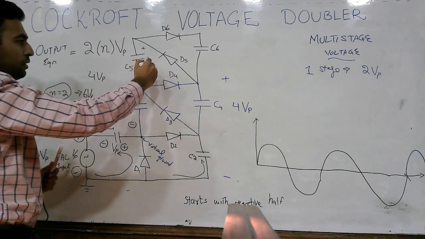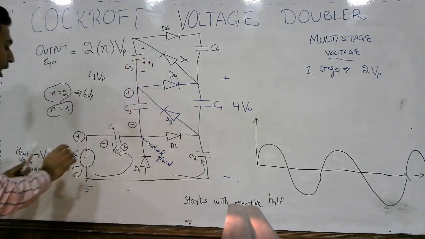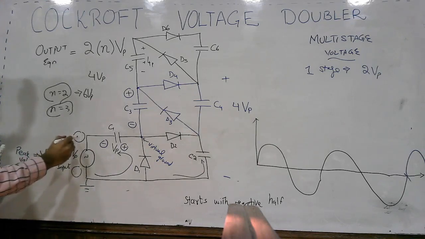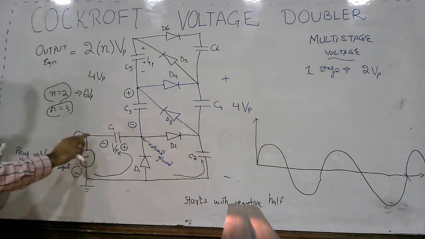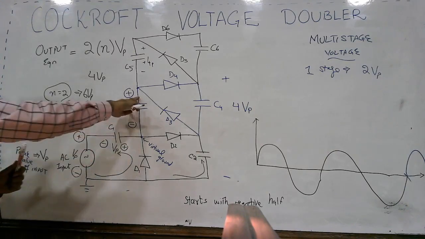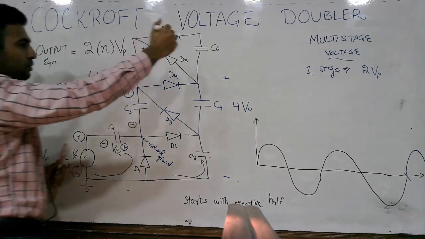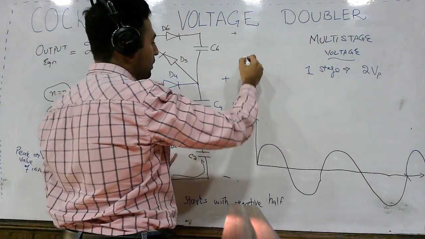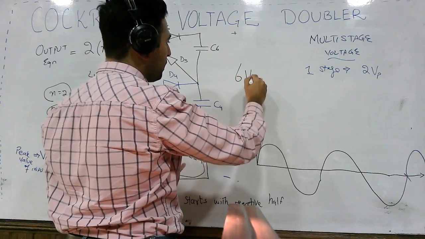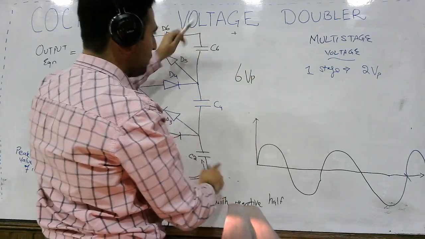So here you have 4 Vp, and during the positive half, this voltage adds up the potential here and here, and you will get plus minus 6 Vp across these 3 capacitors.